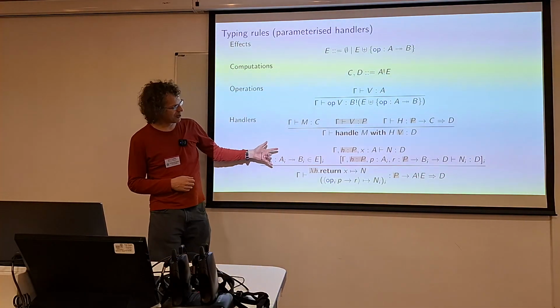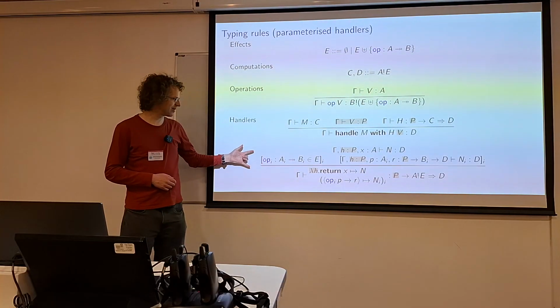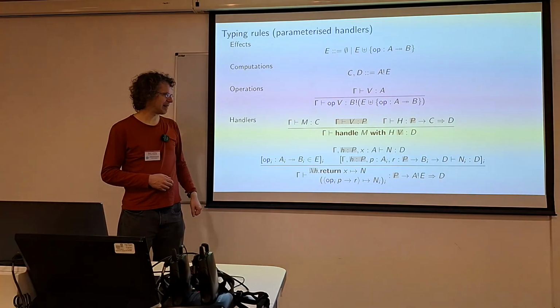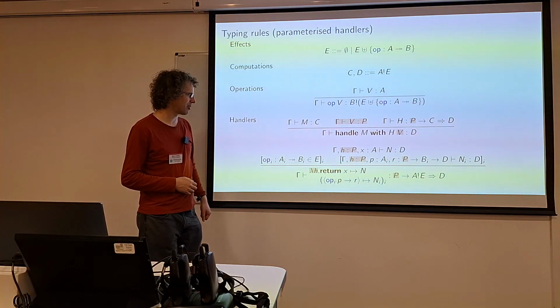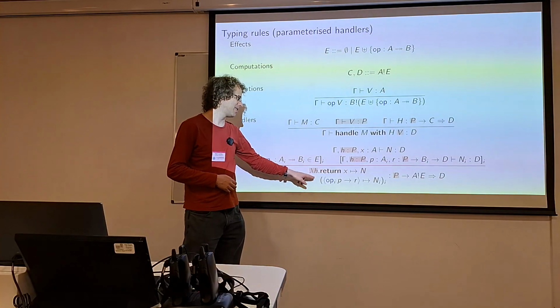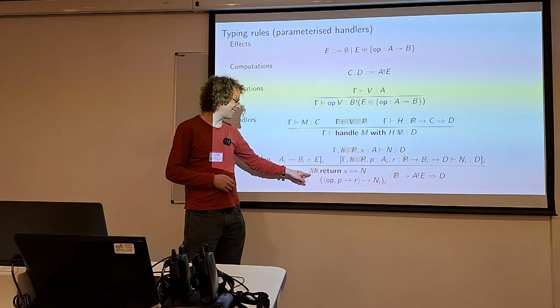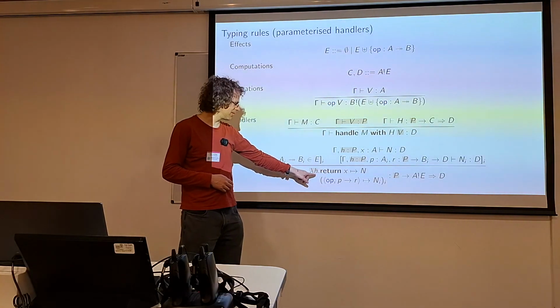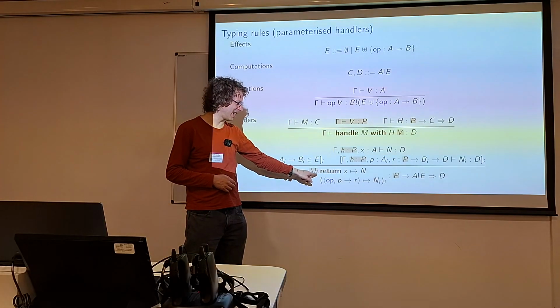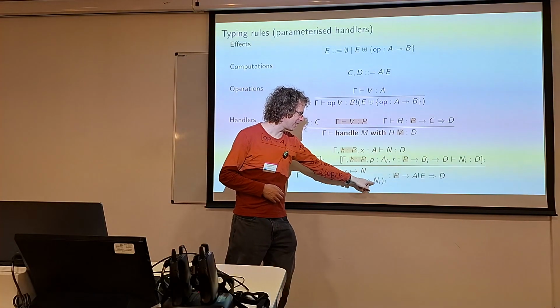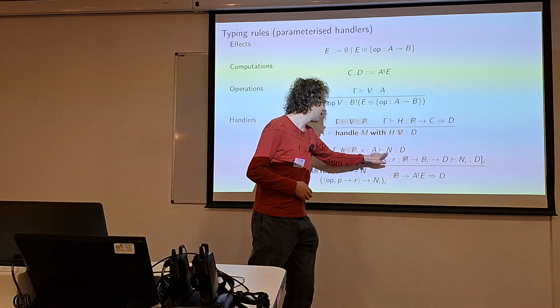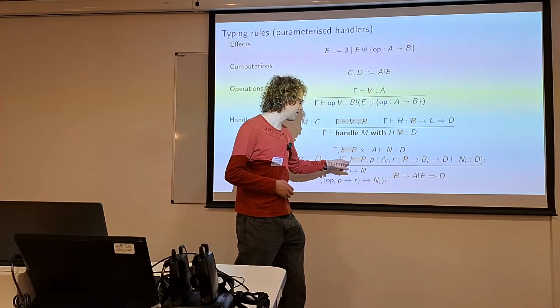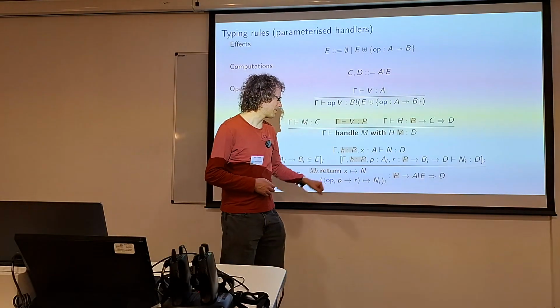And then this is the rule that does all the heavy lifting. So what is one of these parameterized handlers? Well, I've written a lambda here to indicate this is the initial parameter we get in. So h is bound inside n and the ni's, and we can see that here. It's in the context, and it has the parameter type.